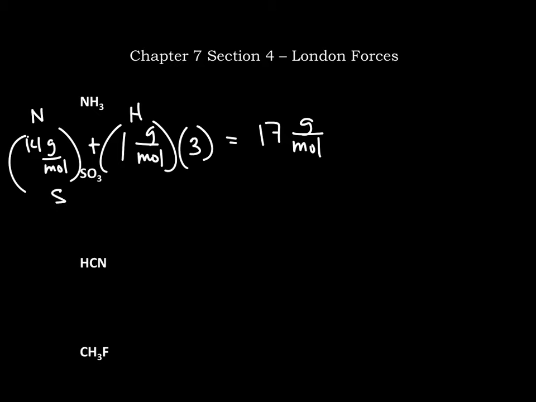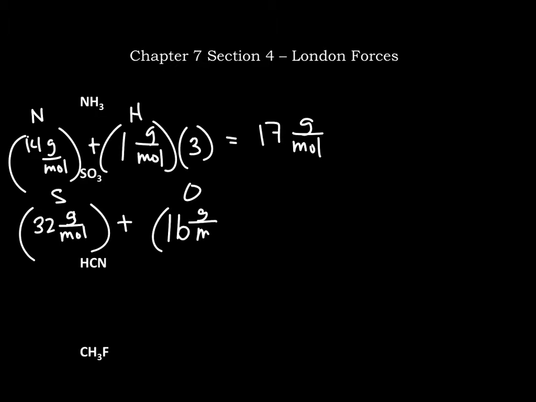Sulfur is 32 grams per mole, plus the oxygens, which are 16 grams per mole. And I've got 3 of them, so we'll take that times 3. If we add all of that up together, we come up with 80 grams per mole.